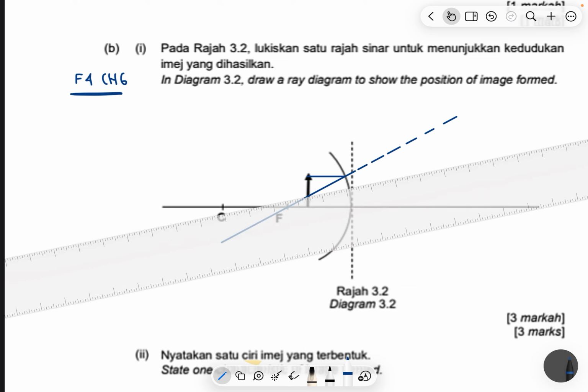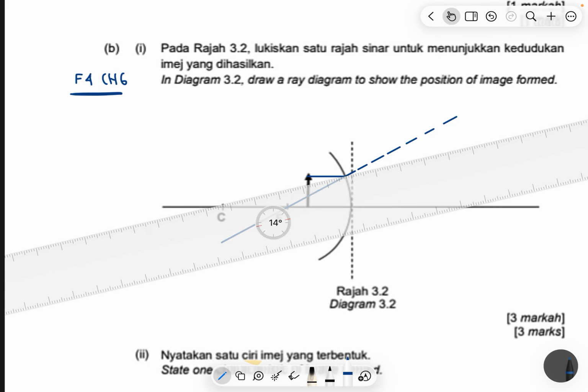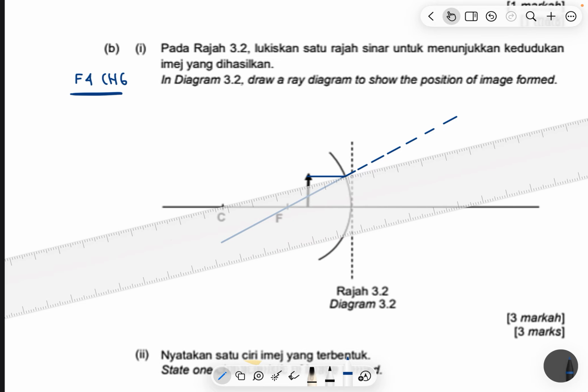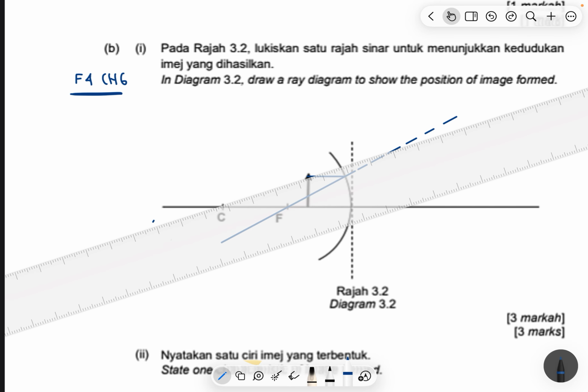Okay, now next is passing through the C, which is the center of curvature. So the center of the curvature, it will always be a straight line. Even for lens, usually the parallel one, it's just the focal point.